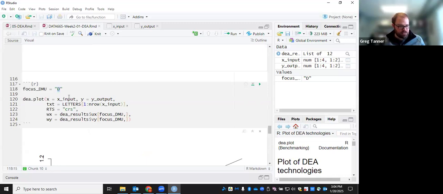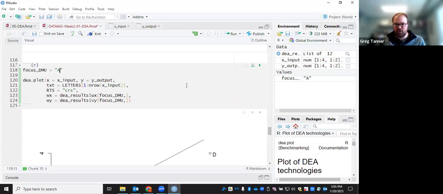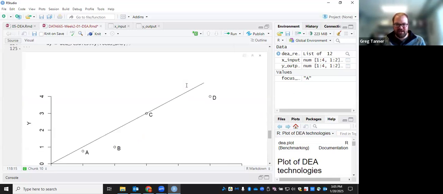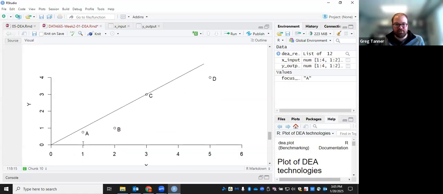We can switch and look at DMU A and use DMU A's weights. Even though in the dual formulation, we can think of A as choosing the best weights possible for itself, under those best weights it still has less than 100% efficiency.